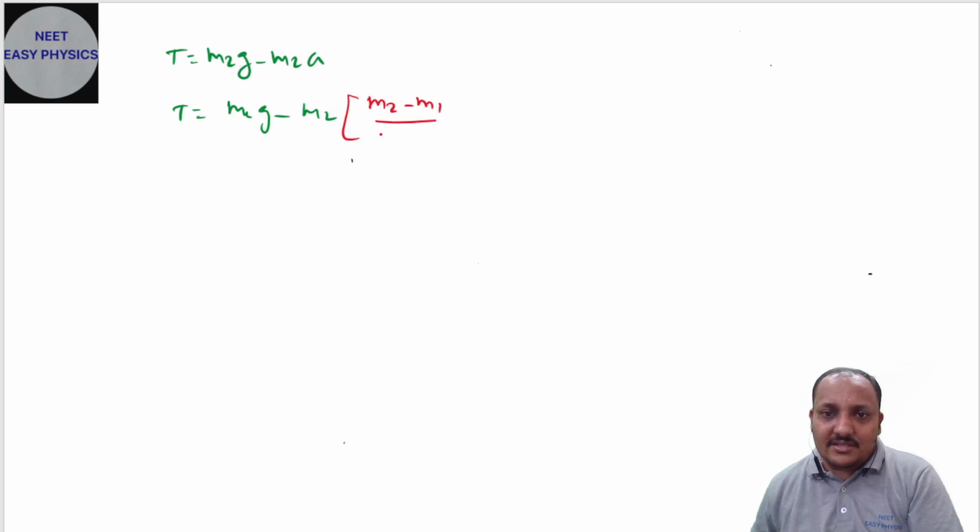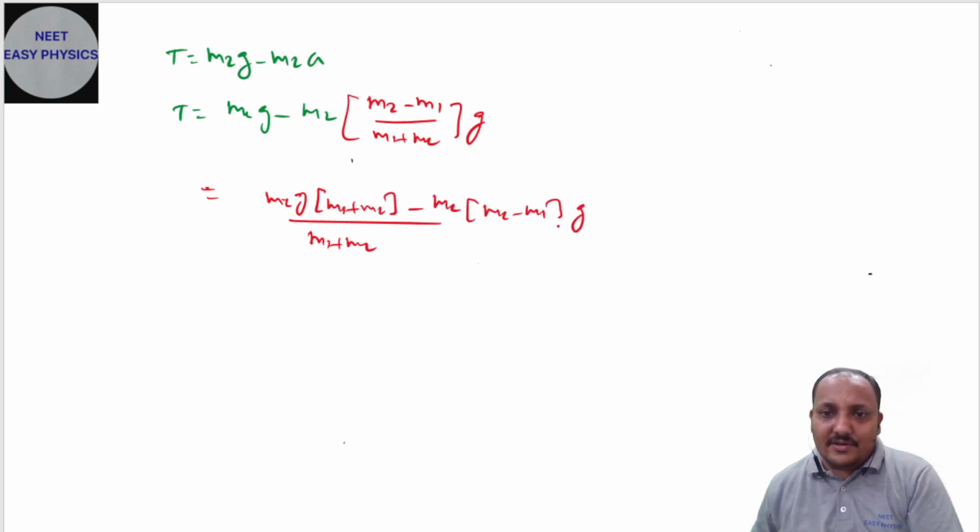(M2 minus M1) by (M1 plus M2) into G. So taking the LCM, M1 plus M2, we get M2G into (M1 plus M2) minus M2 into (M2 minus M1) into G. Just taking LCM now.